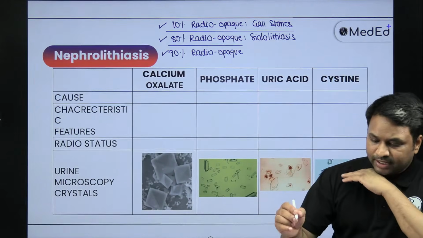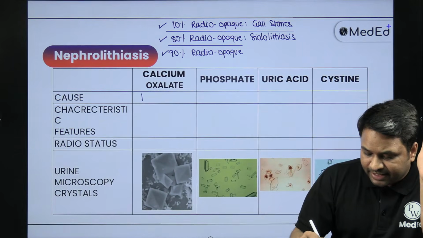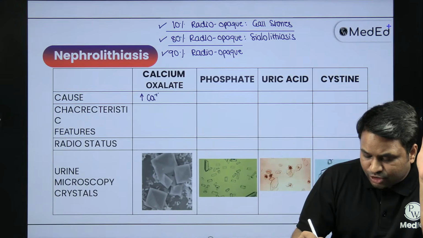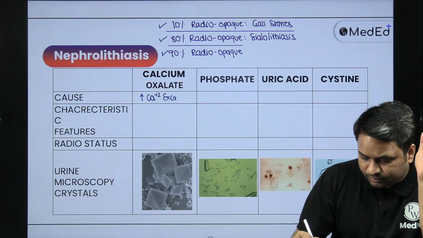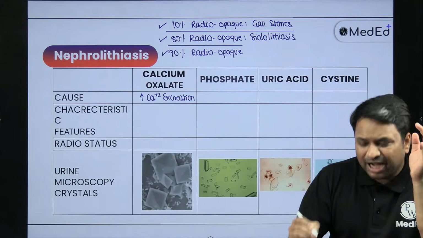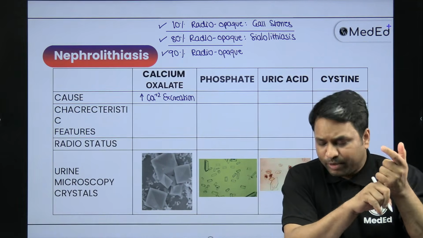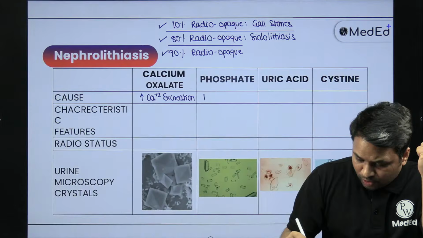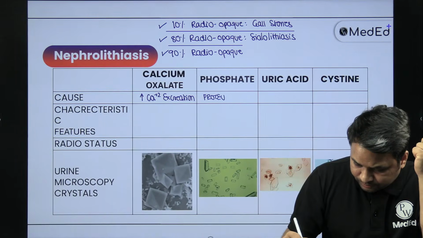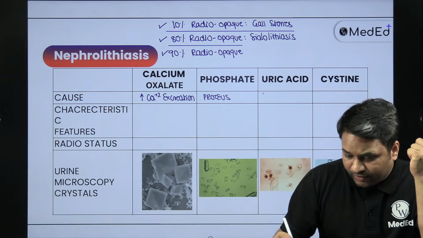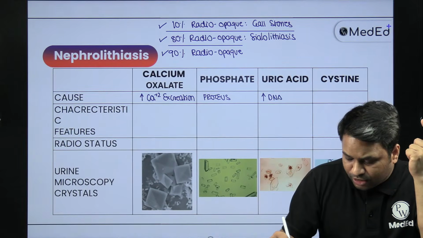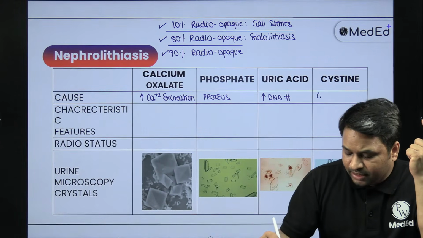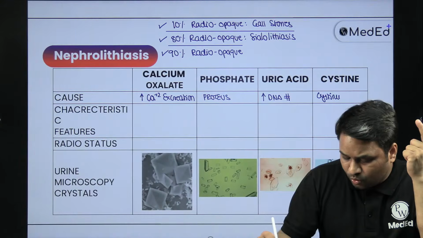Now, calcium oxalate is because of excessive calcium excretion: hypercalcemia, hypercalciuria, hyperoxaluria. Phosphate is because of proteus infection. Uric acid is because of increased DNA destruction, for example in gout. Cysteine is because of cystinuria.